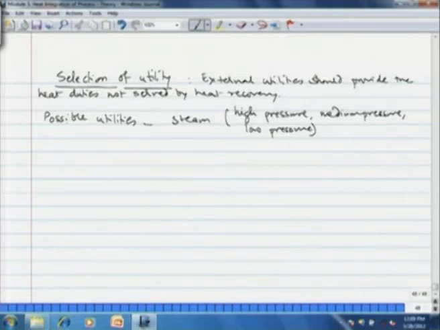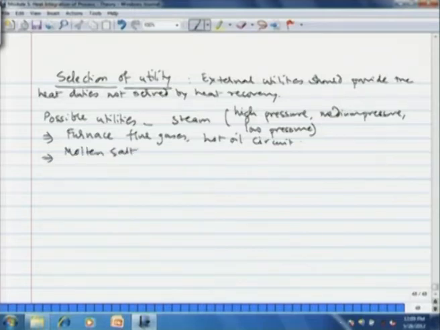Then high temperature heat duties require furnace flue gases or a hot oil circuit. In some cases, molten salt or even molten metal is used as a heat transfer medium for very high temperature processes. Dowtherm liquids are also quite common.